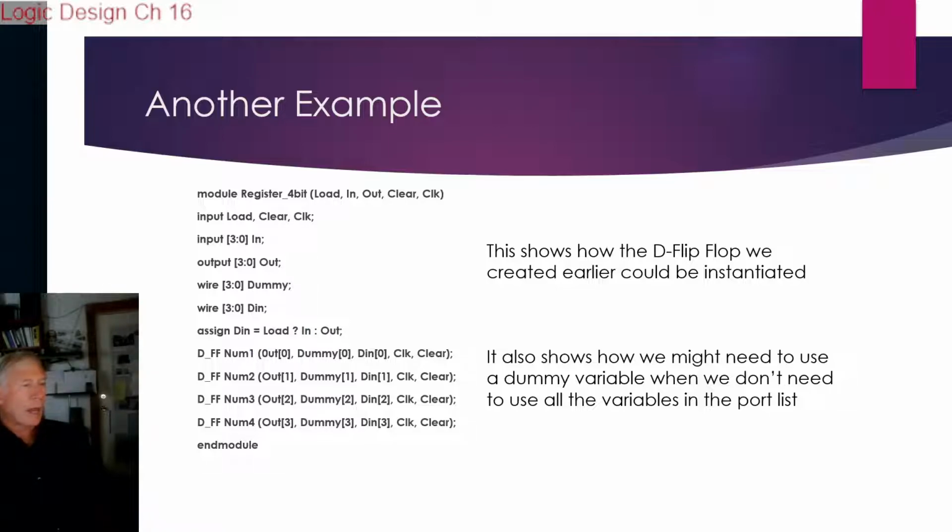So basically what happens is that my input, which comes in from my module port list, will be here, and it's going to go to the D inputs if load is true.